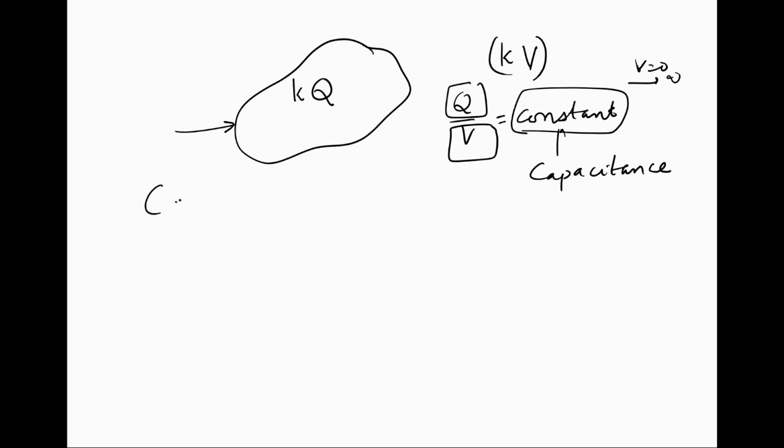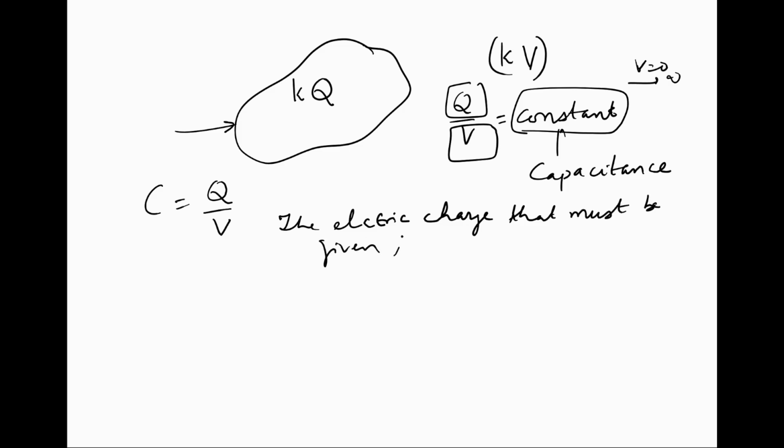So we can define capacitance from this ratio as the electric charge that must be given to the conductor per unit rise in the voltage of the conductor.